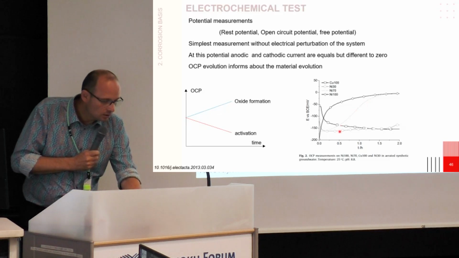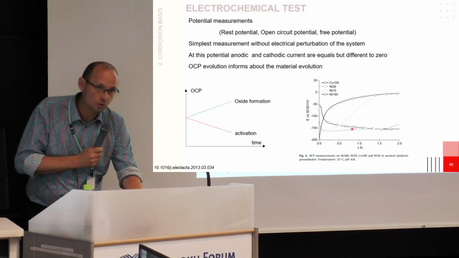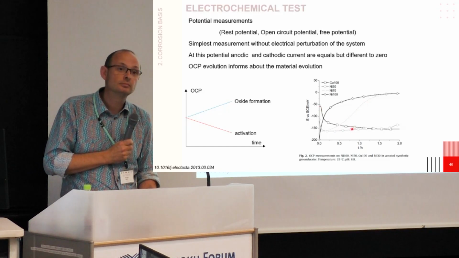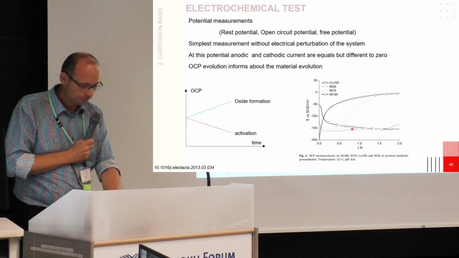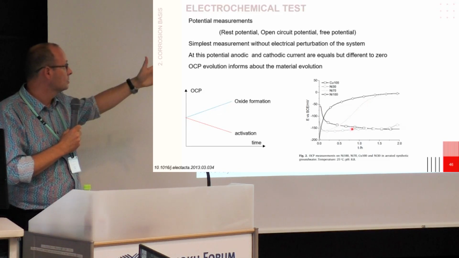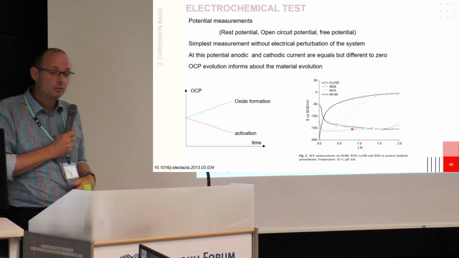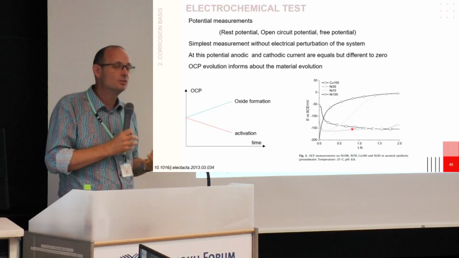And if there is not enough nickel oxide, the potential decreases. Okay. So from the potential you can access the material evolution, and if you compare, get some idea about what the material is.